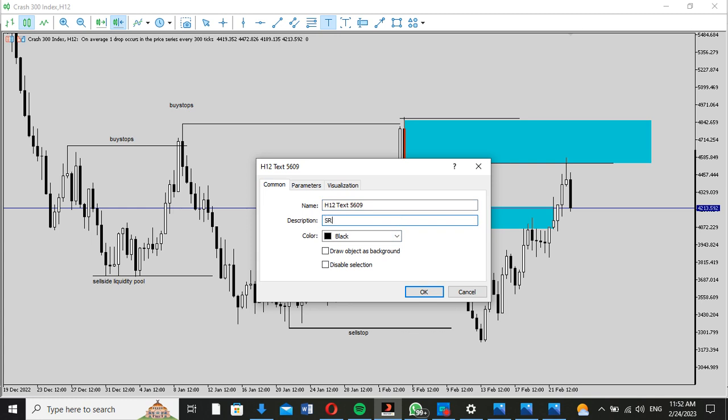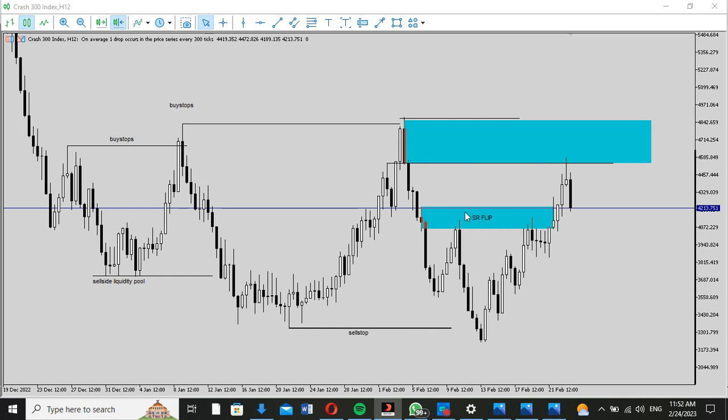SR flip, that is used to identify a support resistance flip, and still yet I mark that area also as a fakeout zone right here, so I can take out the support resistance flip, but that's by the way still the same.